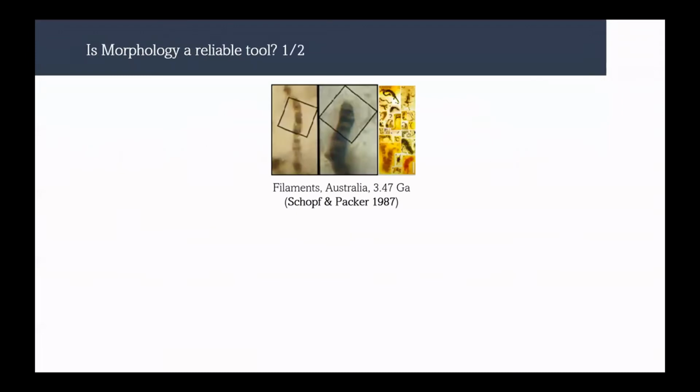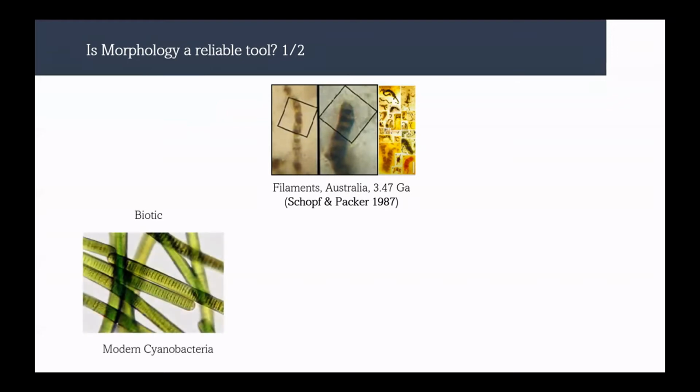So just to give you an idea of the kind of ambiguity, for instance, these filaments that were dated 3.5 billion years ago were interpreted as resulting from the action of living organisms, based on the similarity with modern cyanobacteria.